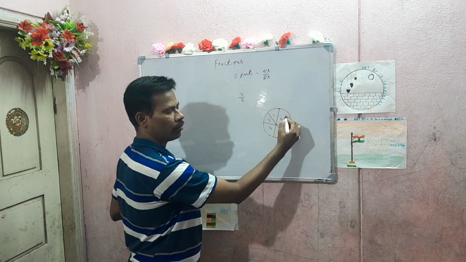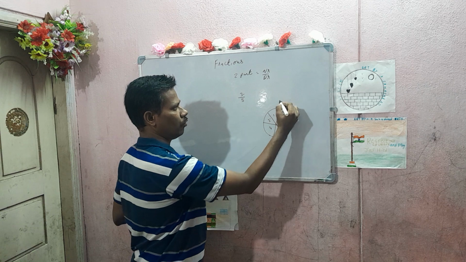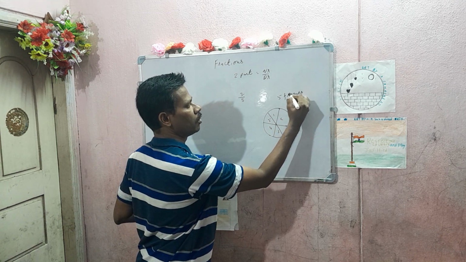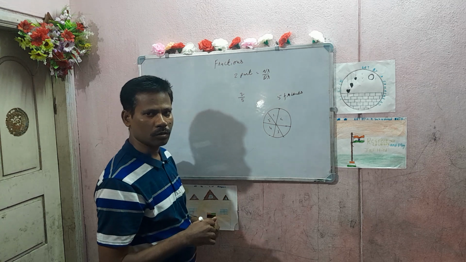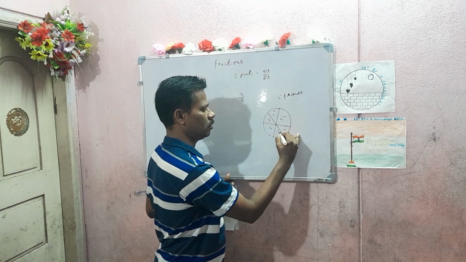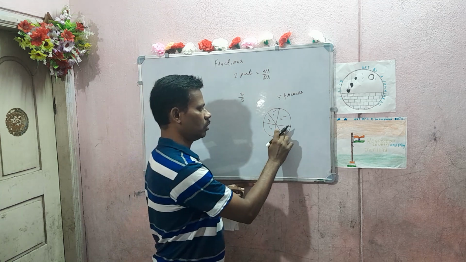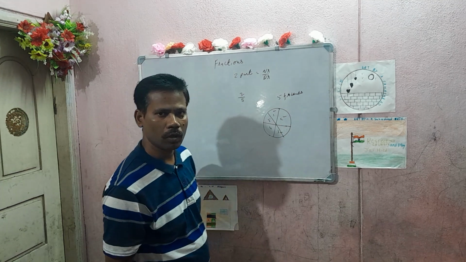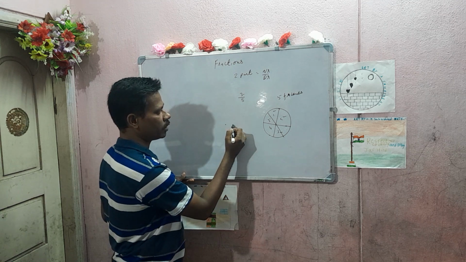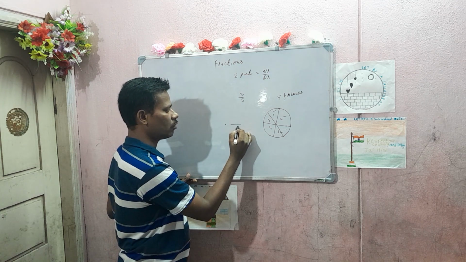Suppose 5 friends came to your house for a birthday party, and you have given 3 parts to them. How will you write that in fraction? You have divided that cake into 5 parts. Fraction means what I told? Part out of a whole.